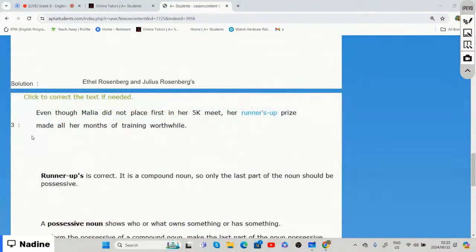All right, it says, even though Malia did not place first in a 5K meet, her runners up prize made all her months of training worthwhile. Do we say it is runners up or her runner ups?